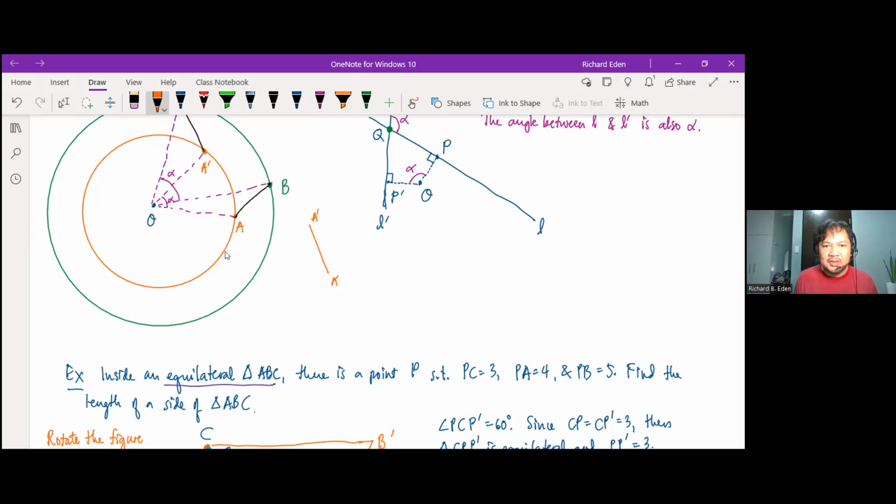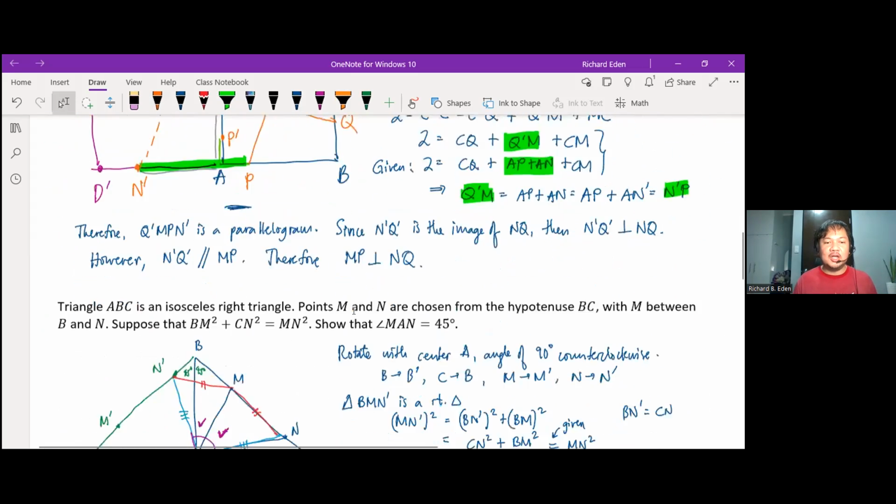And if you take the perpendicular bisector of that chord, O should be in that perpendicular bisector. So takeaway point here, a point and its image, connect them with a segment, the perpendicular bisector should contain the center. So how is this helpful?